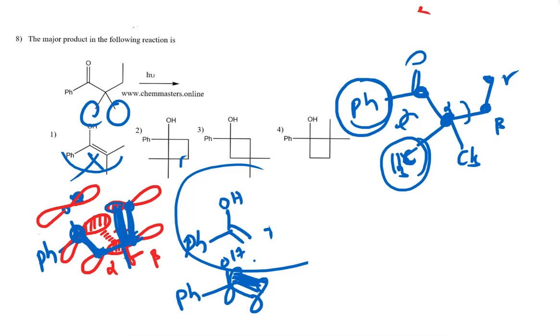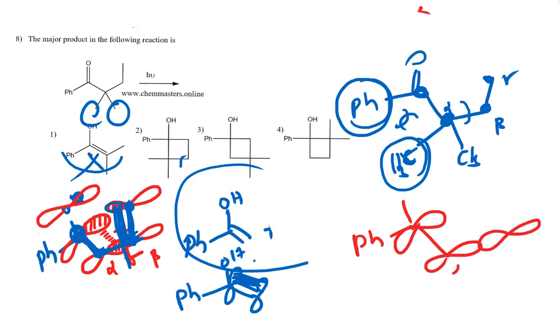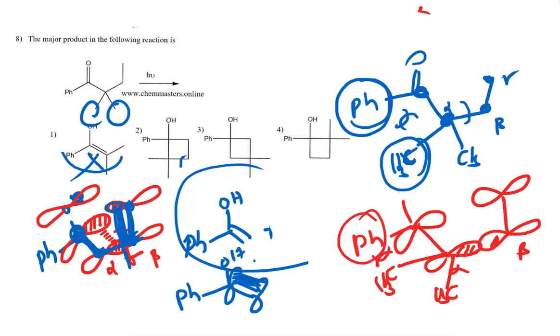Now let's represent this with lobes, doing the same thing. This is the carbonyl carbon with its orbital lobes, and here alpha, beta, and this is gamma. Due to the presence of bulky methyl groups, steric repulsions can be seen between the phenyl and methyl groups. So the planarity is disturbed.